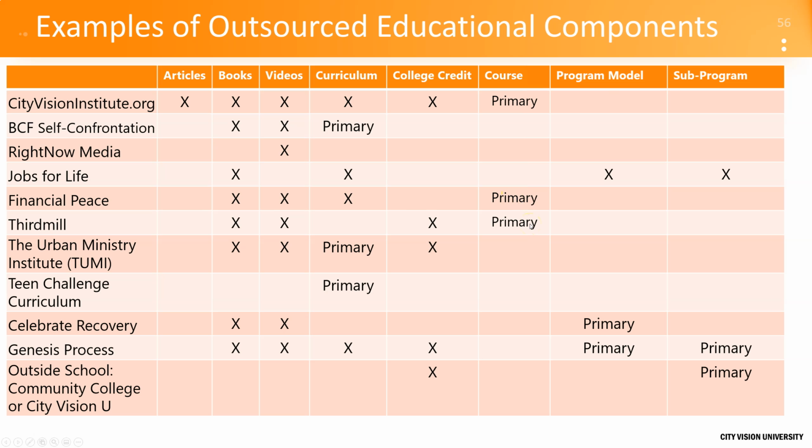Third Millennium is primarily a course, whereas the Urban Ministry Institute is primarily curriculum, but it also has videos and books that you could use. Teen Challenge is primarily curriculum. Celebrate Recovery is primarily a program model. Genesis Process is primarily a program model. And then you could have an outside school, like working with a community college or City Vision University where you would outsource.